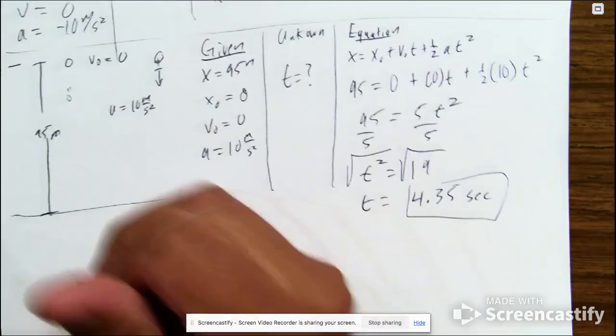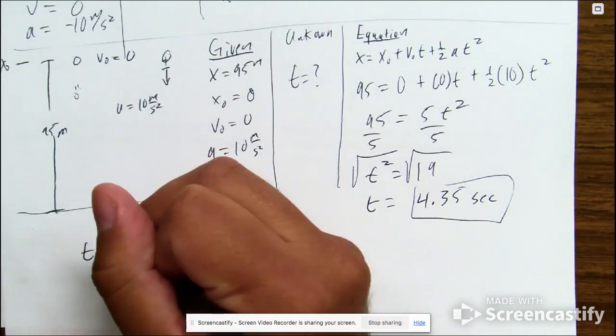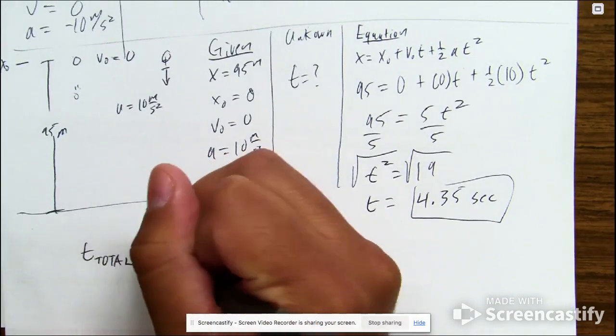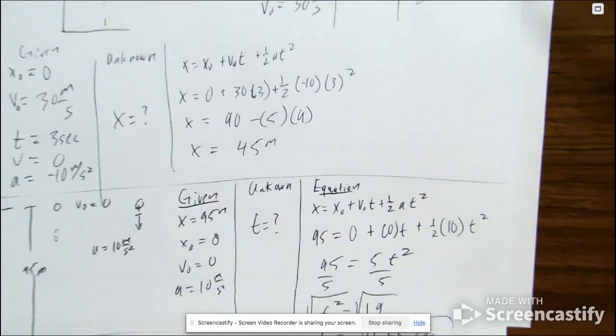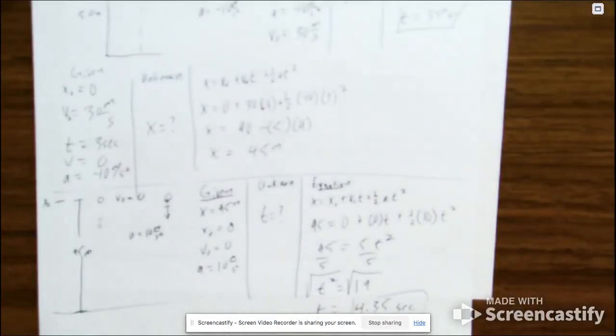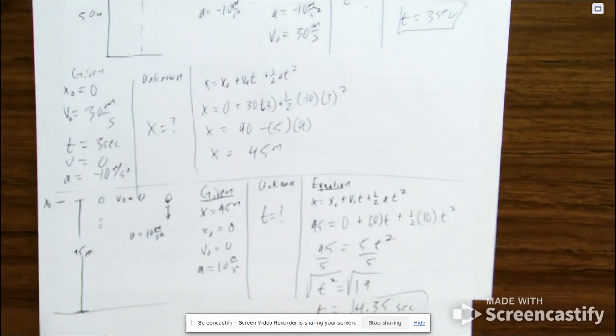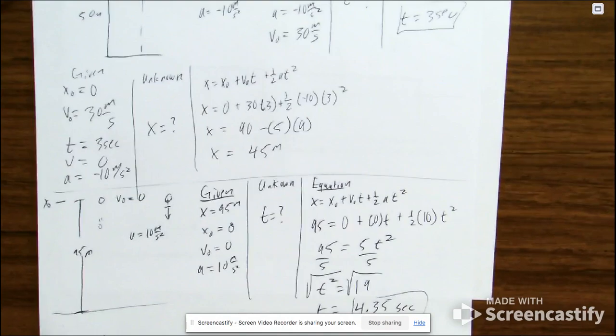So our total time, I'm going to call it t total, is equal to, zoom out here. There you go.